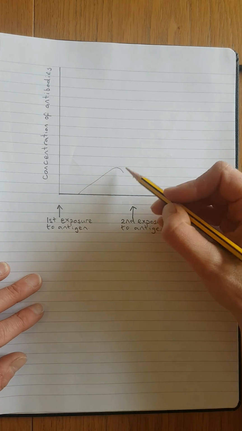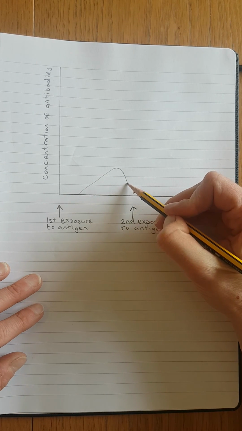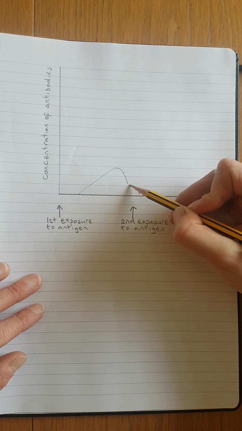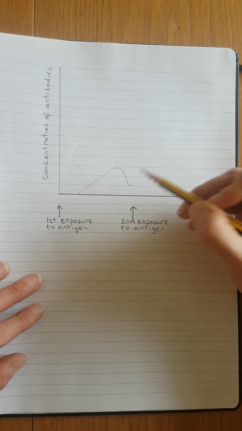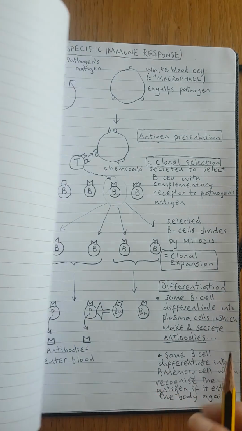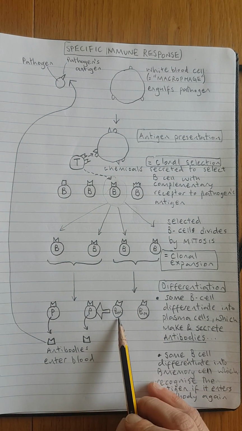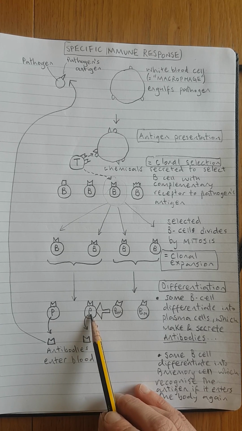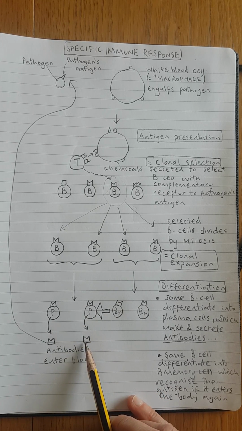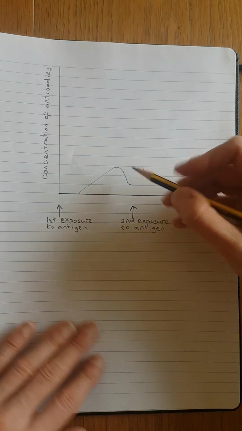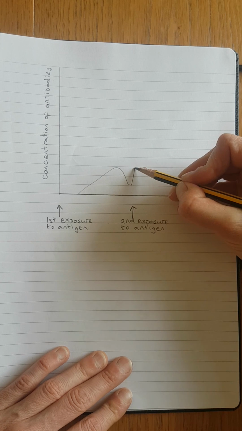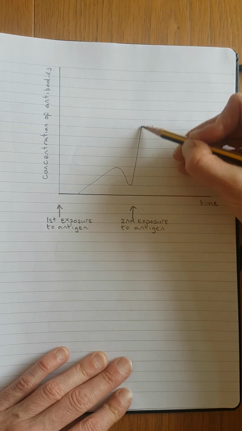Okay, but then what happens? The antibody concentration will go down, and if you get exposed a second time, what happens is you produce antibodies so much more quickly. Because you have the B memory cells in place, you'll be able to make your plasma cells instantly and then make the antibodies immediately. And so what will happen is you'll make the antibodies very, very quickly, and you'll make loads of them.